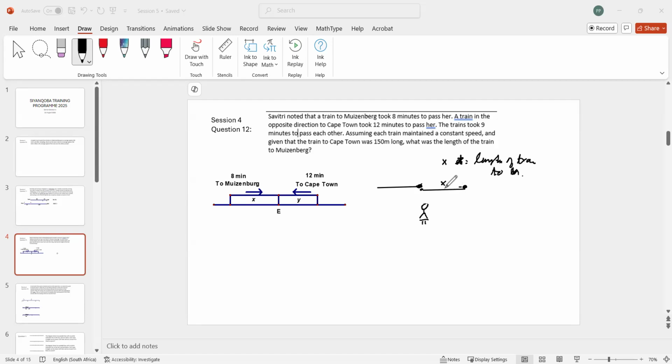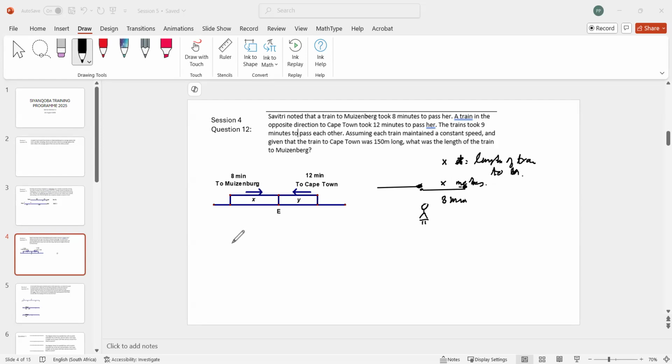And it takes 8 minutes to pass it. So this here is in minutes, and the length of the train should be in meters, obviously not in kilometers. So we'll say X meters.